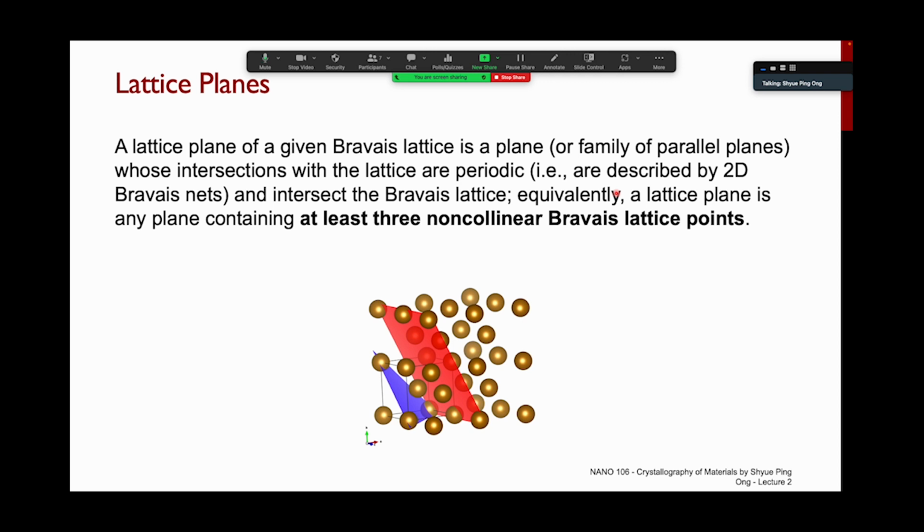Or, equivalently, if you want a simpler conceptual definition, a lattice plane is any plane in your crystal that intersects with at least 3 non-collinear Bravais lattice points, okay? If you look at this crystal, this is the 111 surface of your crystal. This actually looks like the 110 surface of your crystal, and these are all lattice planes, okay.